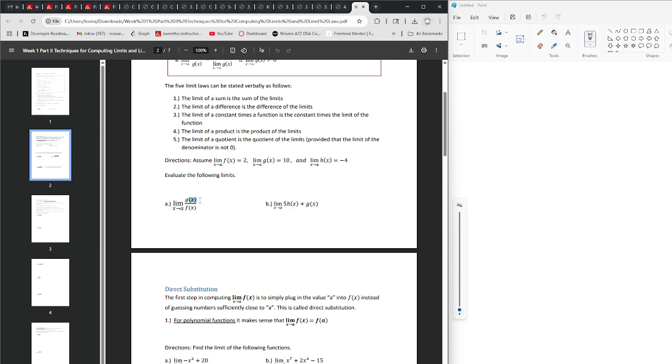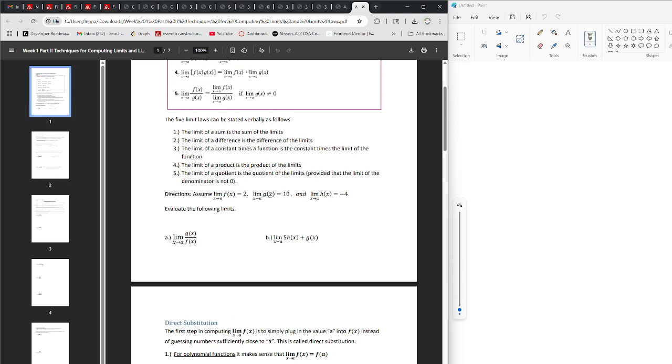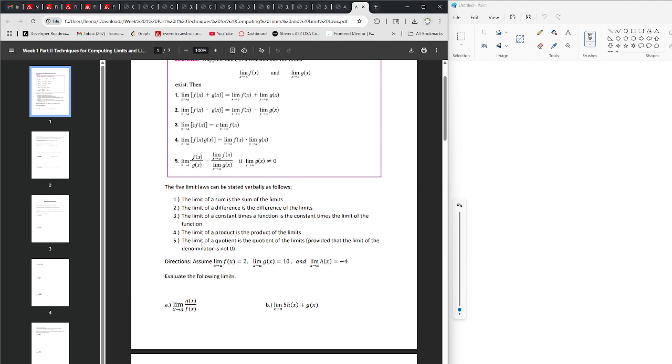Wait. The limit of g of x as x approaches a is 10, and that's how you say it. So, evaluate the following limits. As x approaches a, g of x is 10, and f of x is 2.